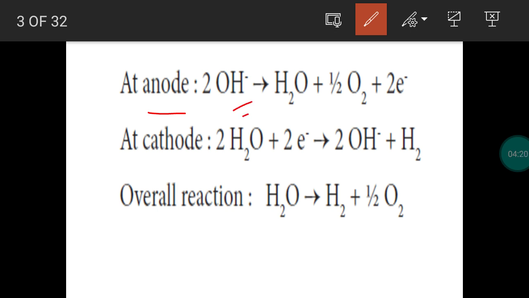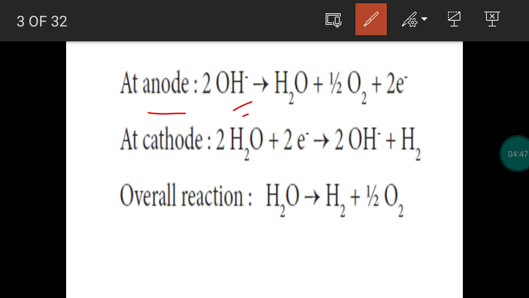The electrolytic solution is water molecule. Along with water molecule, a small amount of an acid or base will be present. So in solution form, the substance will be present in the form of ions. If you take a small amount of hydrochloric acid in water, it is present in the form of H plus and Cl minus.